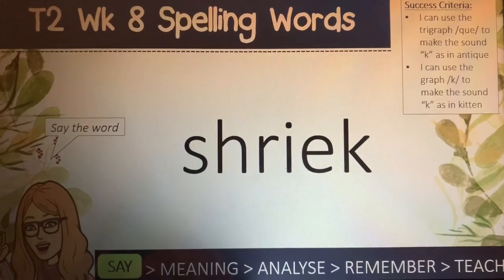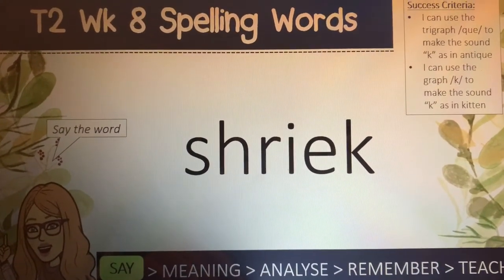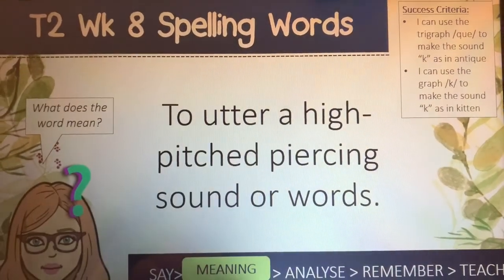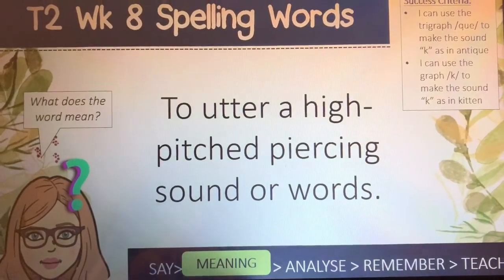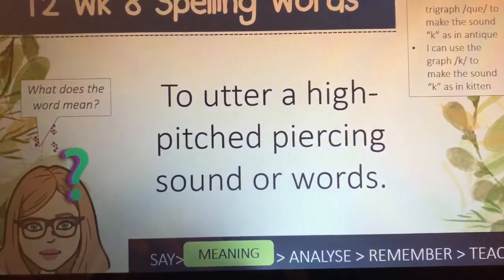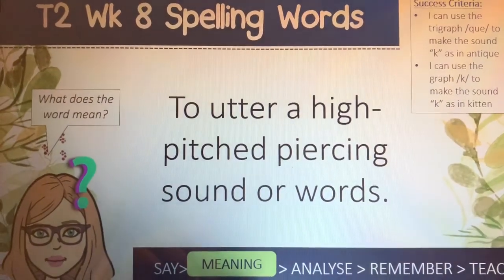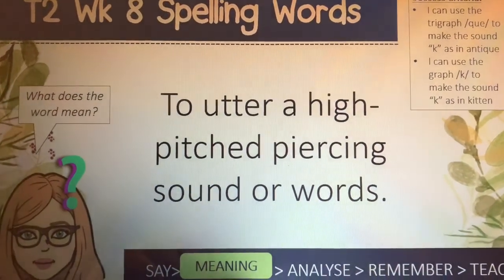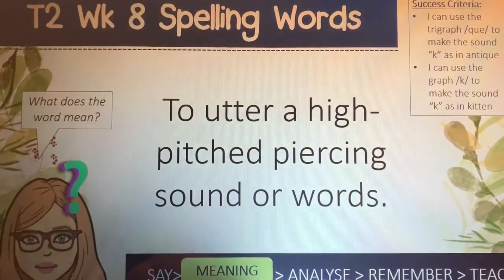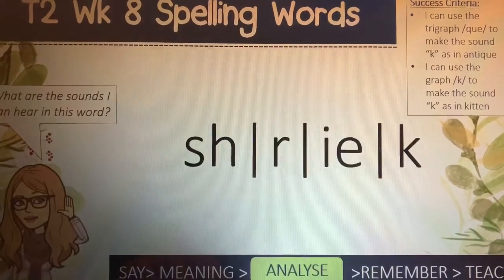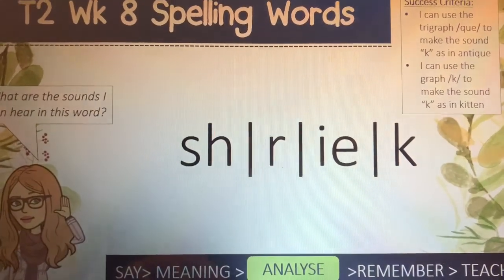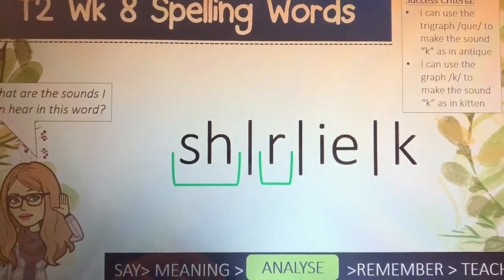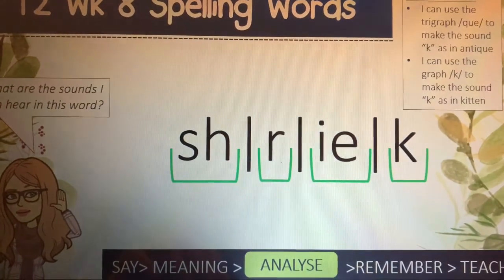The next word is shriek. Say shriek. To shriek means to utter a high-pitched piercing sound or words. If you talk in a really high-pitched voice, someone might say that you are shrieking. Okay, let's look at the sounds that we can hear. Sh, r, e, k.